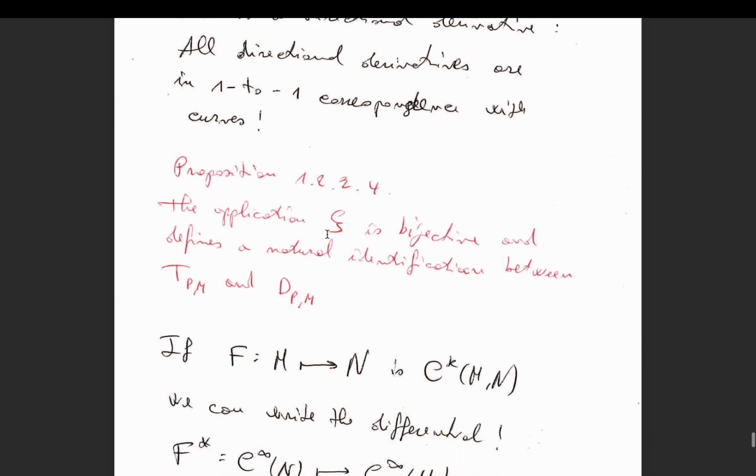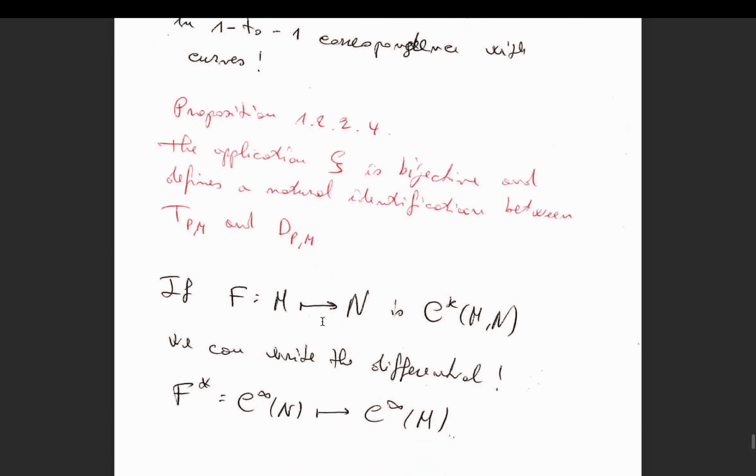Okay, now if we want to go further, just to finish, F is a map between M and N, and it's a C-infinity regular map. We want to say what its differential is in the algebraic formulation.